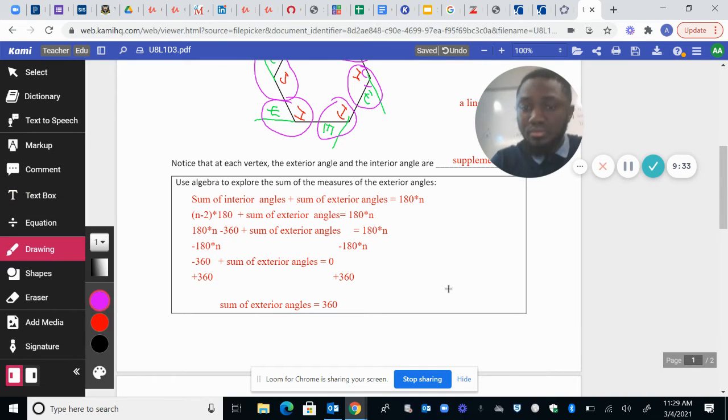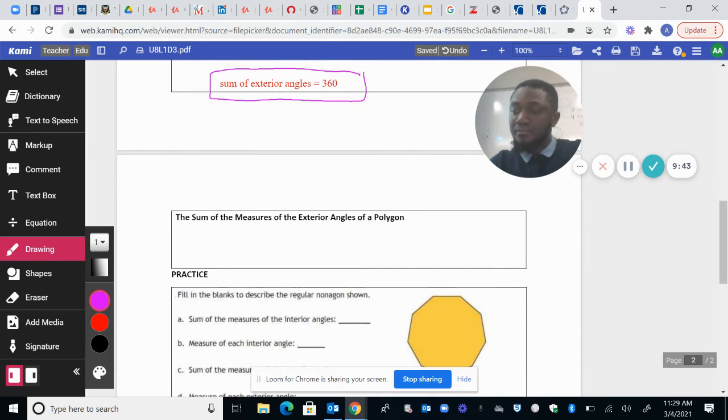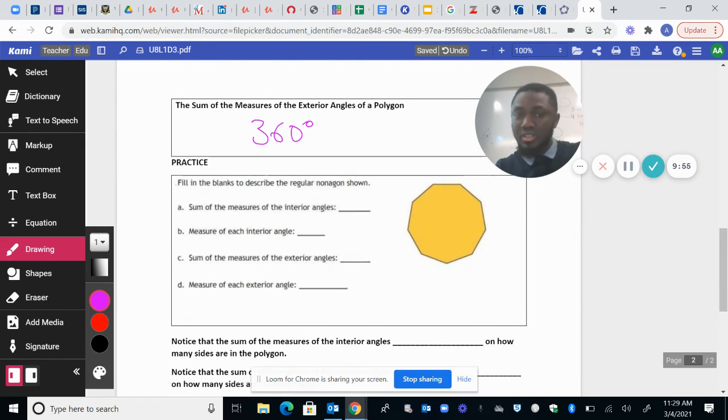Then we can boldly say that the sum of exterior angles in a polygon is always 360. So we're going to solve this problem here, and then we're going to call it a day.